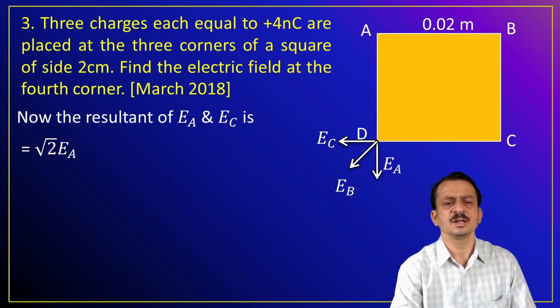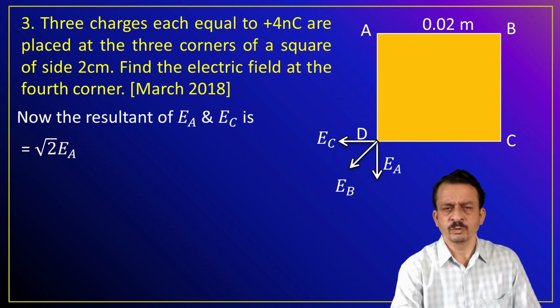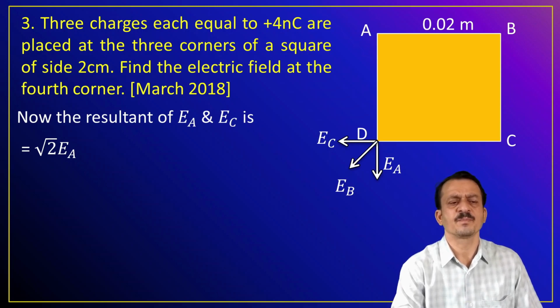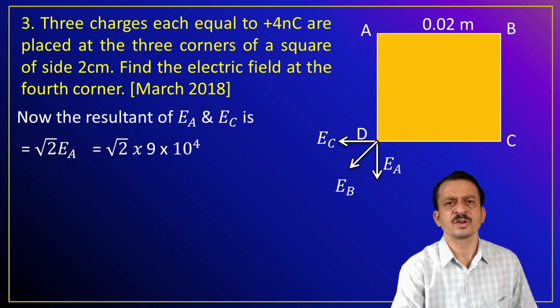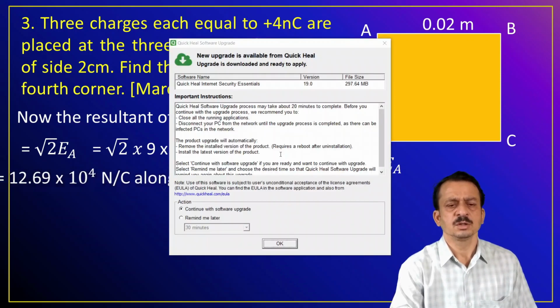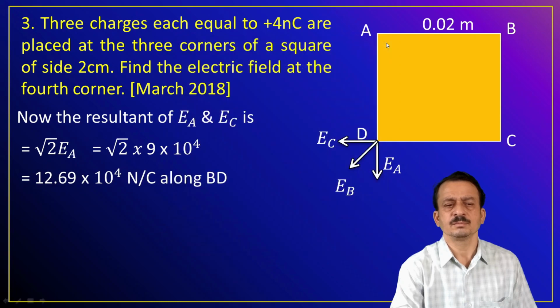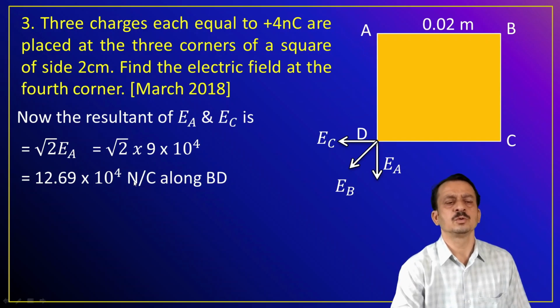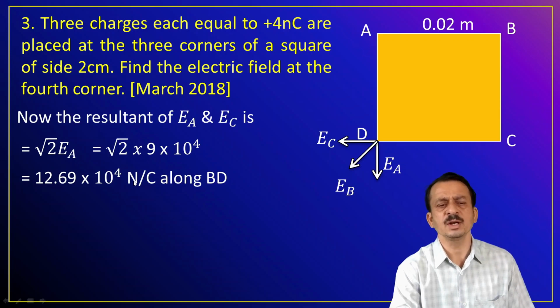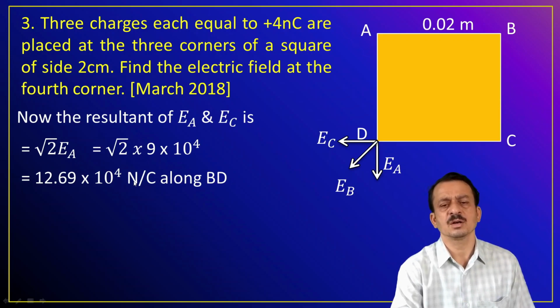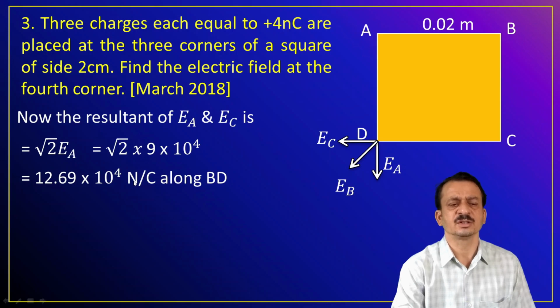If you use that formula, we will find that the resultant field is root 2 into EA, since they are equal in magnitude. So root 2 into 9 into 10 to the power of 4. If you simplify that, 12.69 into 10 to the power of 4 Newton per Coulomb. It is also along the BD direction.